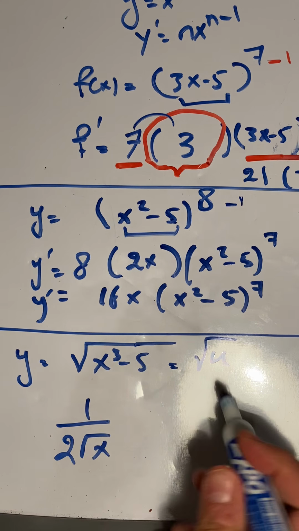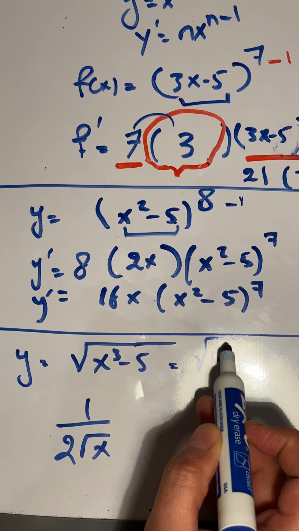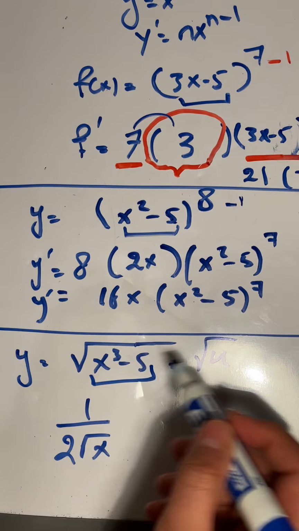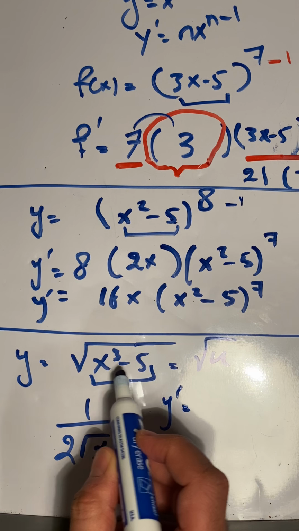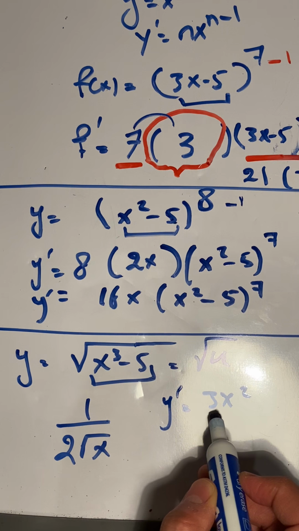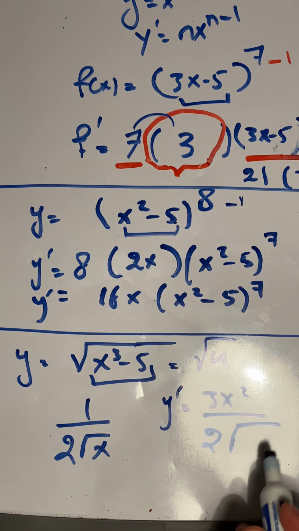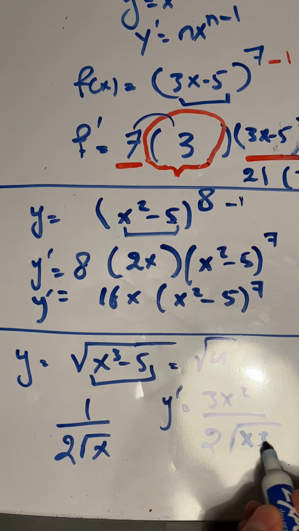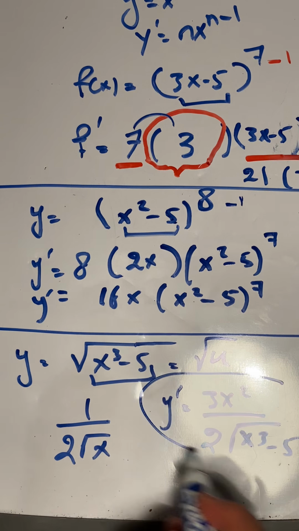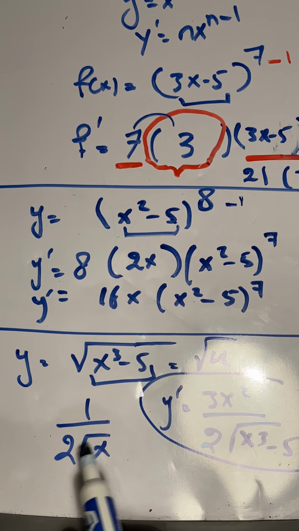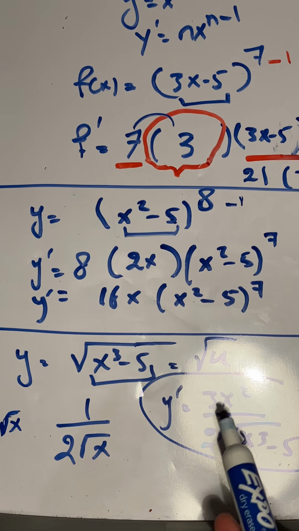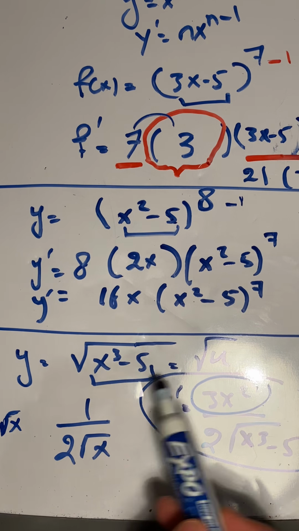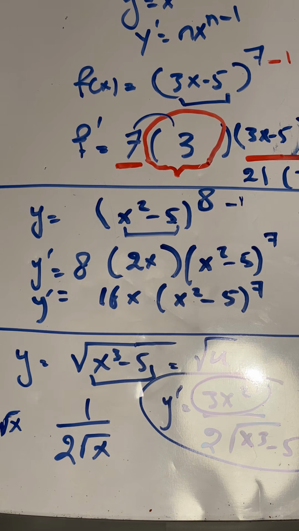So it would be the derivative of what's inside, similarly. The derivative of x cubed minus 5 is 3x squared, over 2 times the function itself. This is y prime. So the same thing as if it's radical x, but we only have to find the derivative of what's inside the bracket.